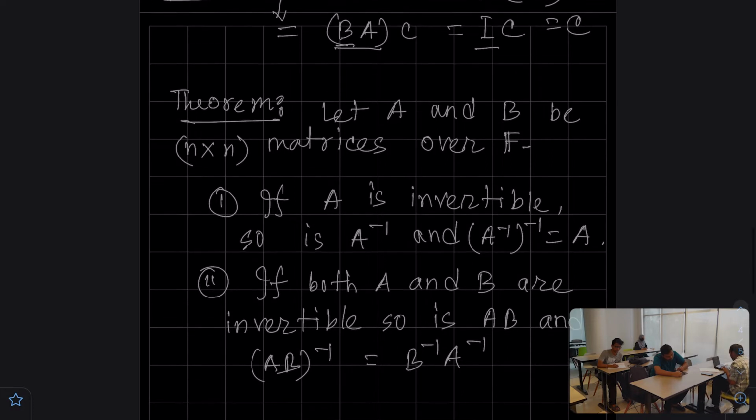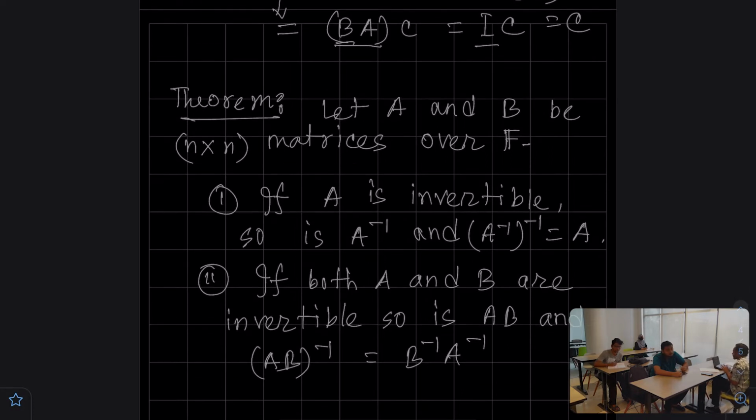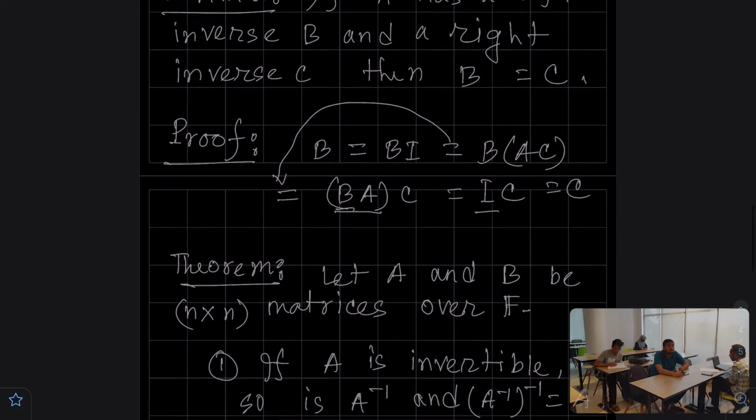So the idea is, when you do linear algebra type courses and read a book, there is always this feeling that these are trivial proofs, right? But you have to rigorously prove them.